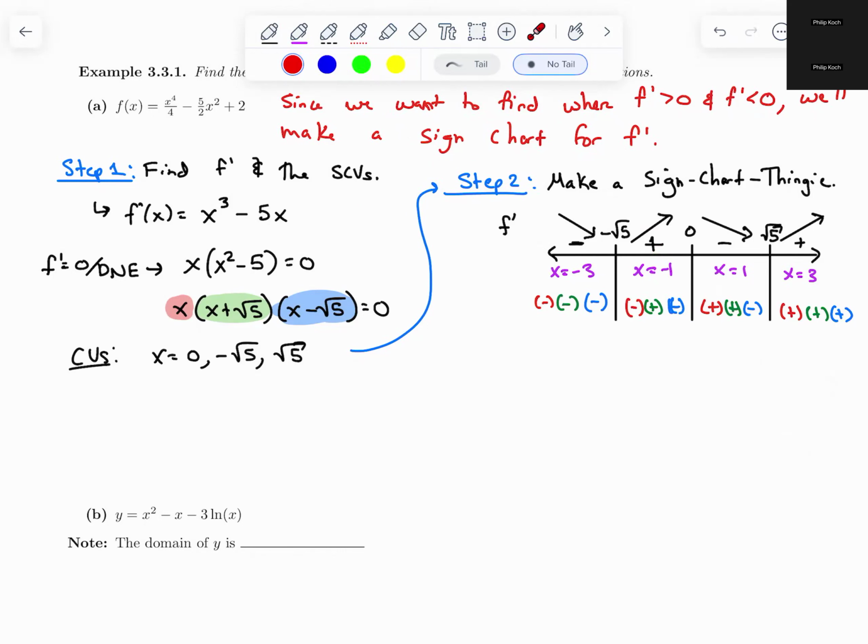At an odd multiplicity, you will cross through, meaning that you will go from one sign to another. Do you notice that every single time I go through a 0, it changes sign? Whereas with an even multiplicity, it bounces, so you'll stay on the same side. If this had even multiplicity, it would stay negative, but it's not.